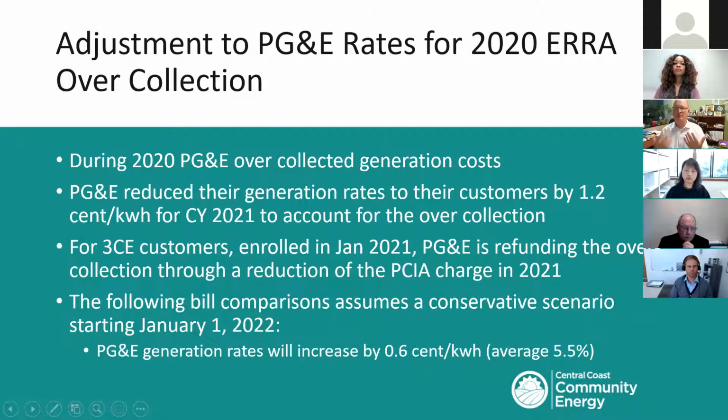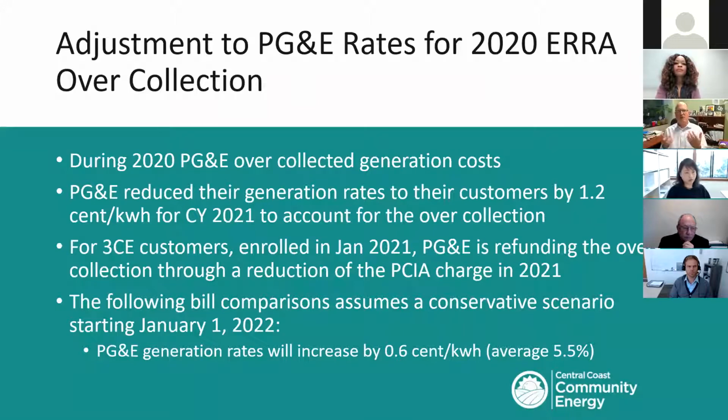They overestimated. So they have a true-up process every year. It's called the ERRA, or Energy Resource Recovery Account. It's a true-up process that they go through before the PUC. It's a regulated type of event, and interveners and companies like us go in and review those things and understand where PG&E rates are going and what changes they're making.